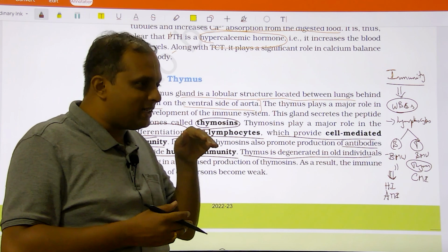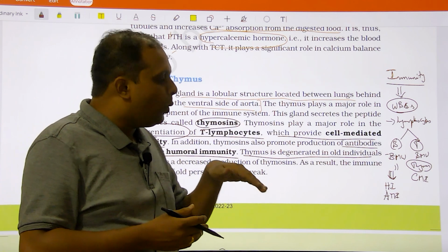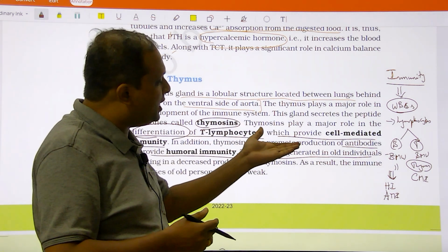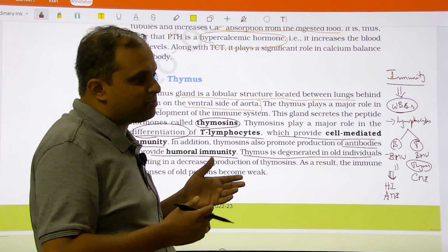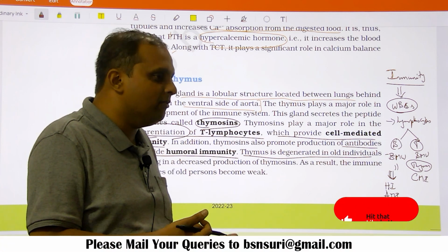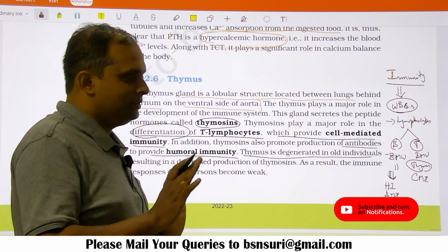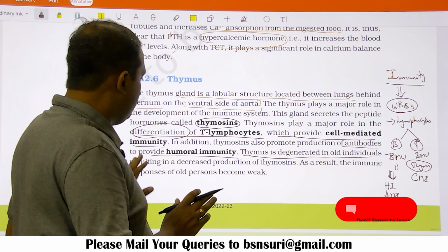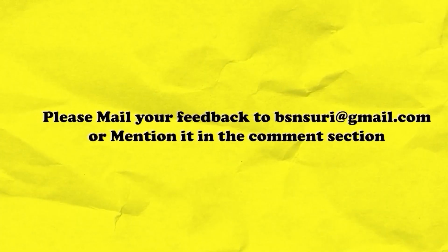Why? Because they are generally immunocompromised, due to degeneration of the thymus in old age. They may not be as immunocompetent as young people, so the immune responses of old persons become weak. Is that clear?